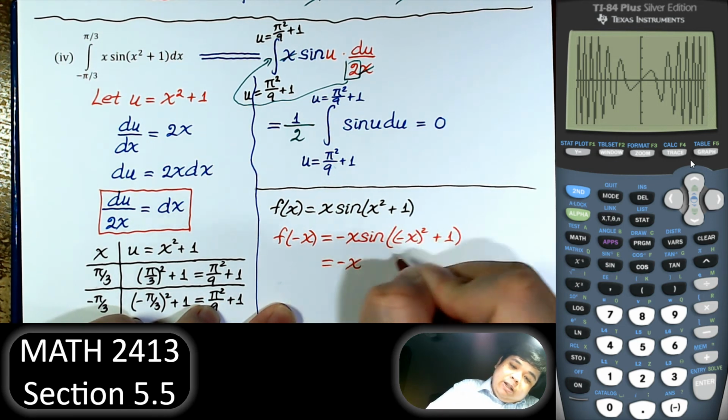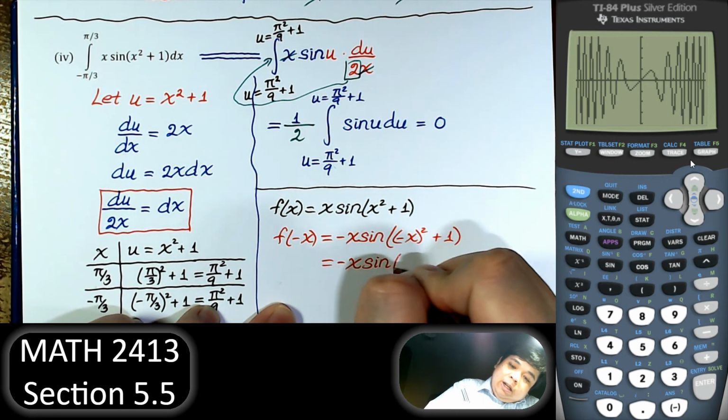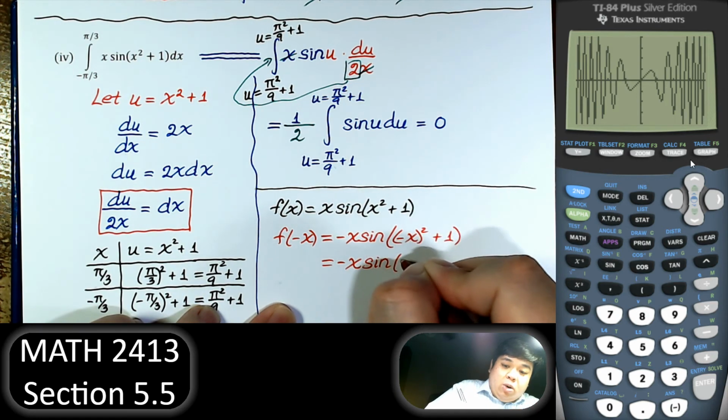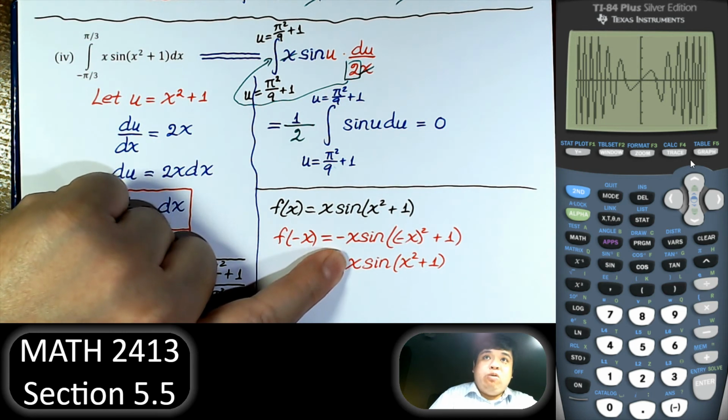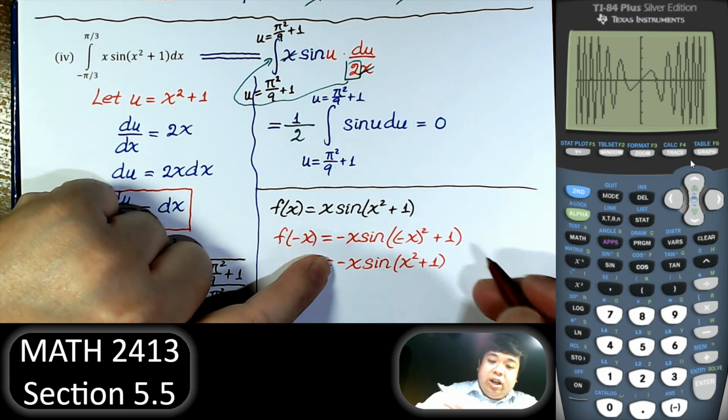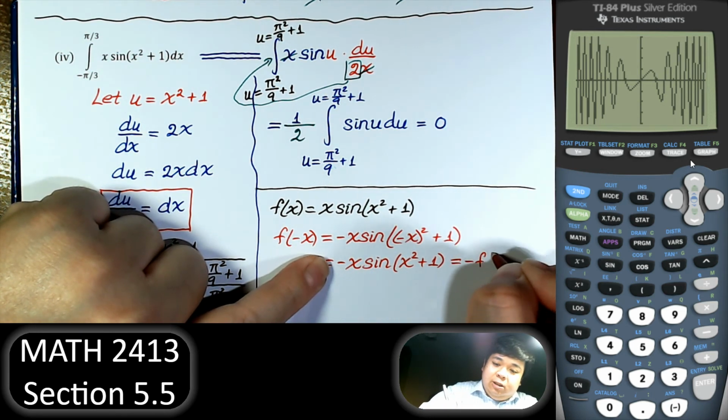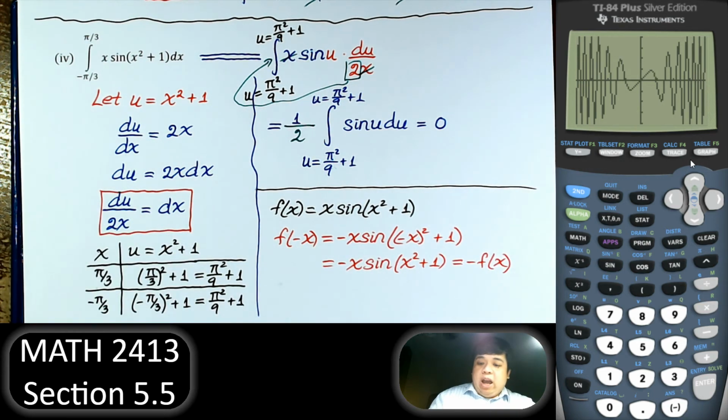We have negative x sine of negative x squared plus 1, so x squared plus 1. Of course, this is exactly the original function, but with the negative. So that's why f of x is odd.